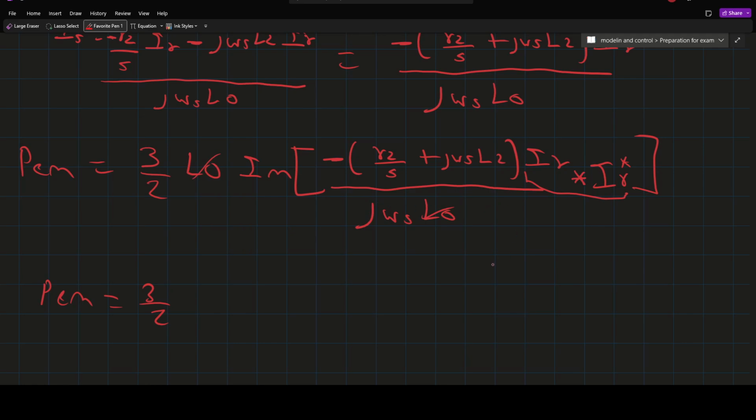When you divide minus 1 over j, you get j. So we're gonna have the imaginary part of j (r2 over s plus j omega s L2) times the magnitude of ir squared.